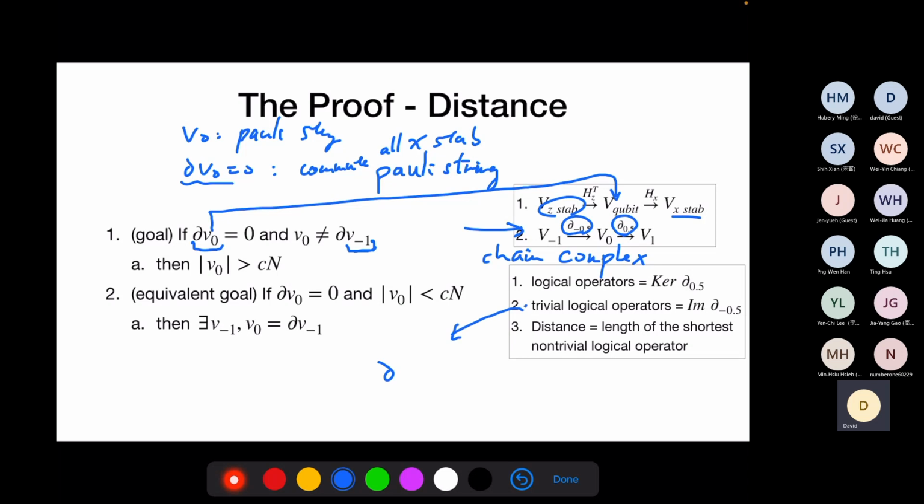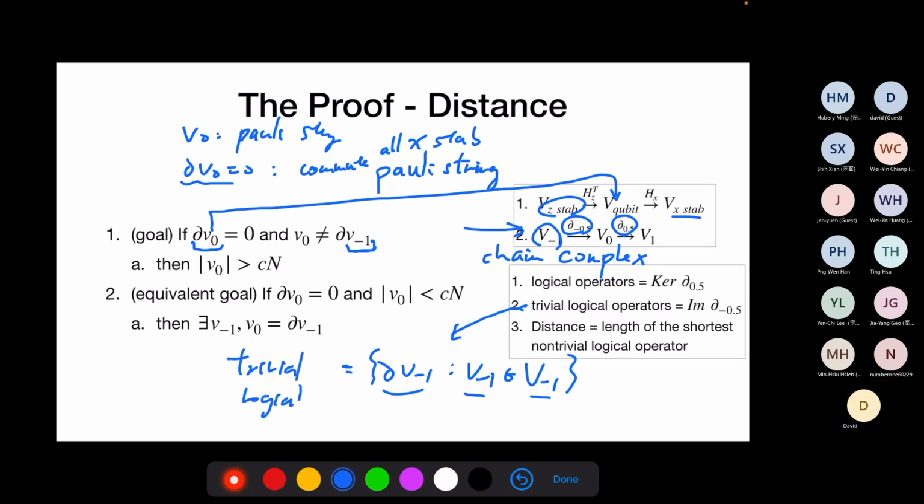That means I'm trying to construct the trivial logical operators. So if I take V-1 inside this vector space, if I take all of them and apply this partial, what I end up with is the trivial logical operator. It's the same set. So that's why I don't want my V0 to be inside it.